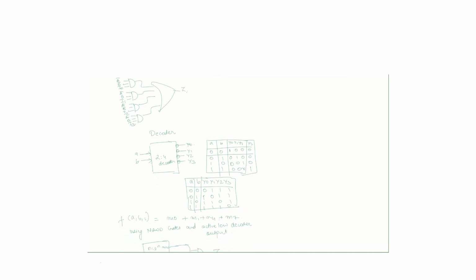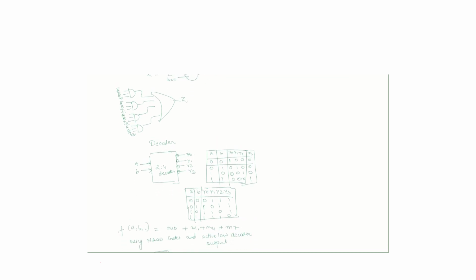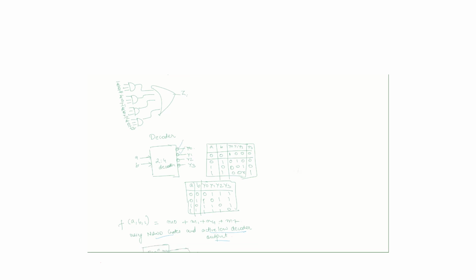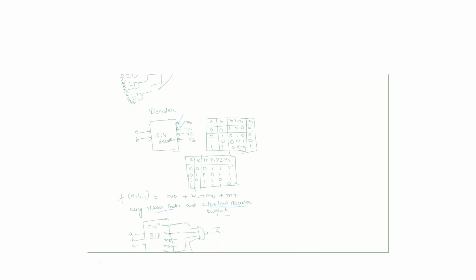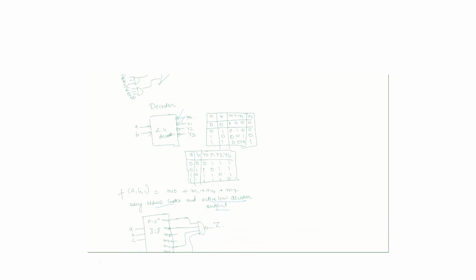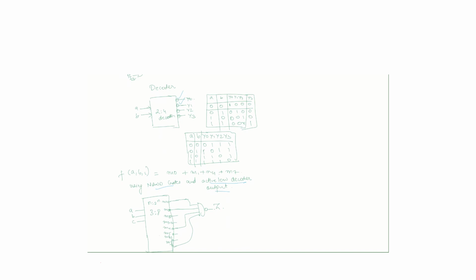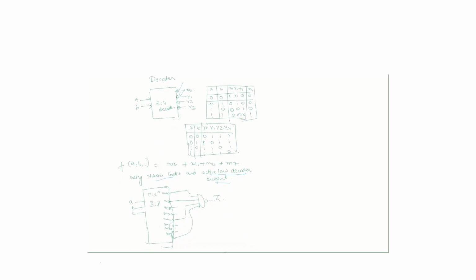Suppose you are given a function f equal to m0 plus m1 plus m4 plus m7, and you have to implement it using NAND gates and an active low decoder output, the one shown here, y0 y1 with the bubble. You take A B C and a 3:8 decoder.